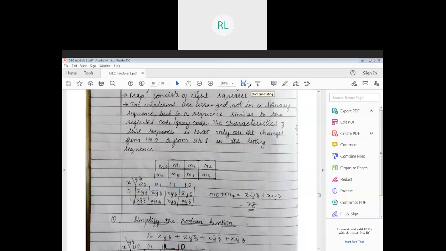We are trying to interchange from here. 1, 0 should have been here, but it has changed. I hope you have understood how we are trying to have a goal of 1 bit change. So this table that you see at the bottom, you should be able to understand.